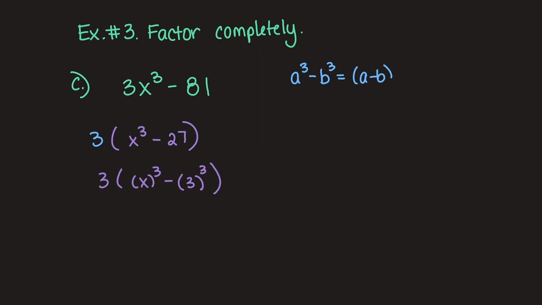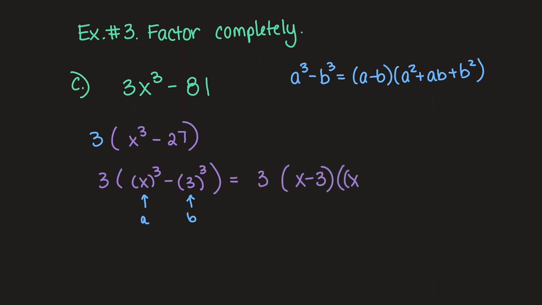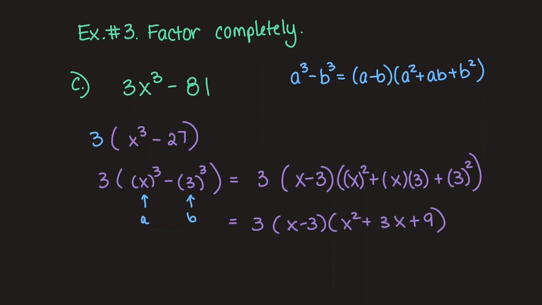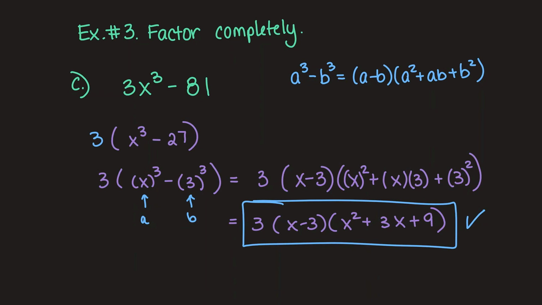So using our difference of 2 cubes formula to factor this, where a is x and b is 3, we get x minus 3 times x squared plus x times 3 plus 3 squared, which simplifies to x minus 3 times x squared plus 3x plus 9. And now our polynomial is factored.